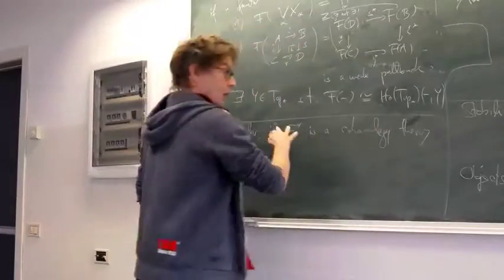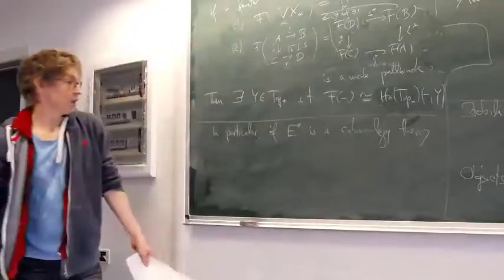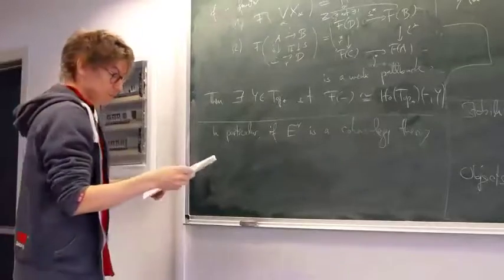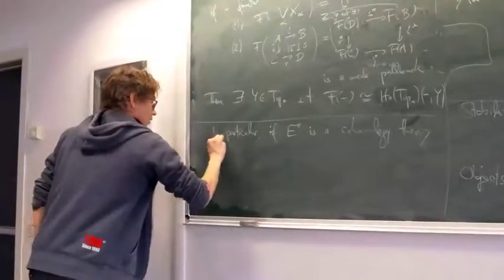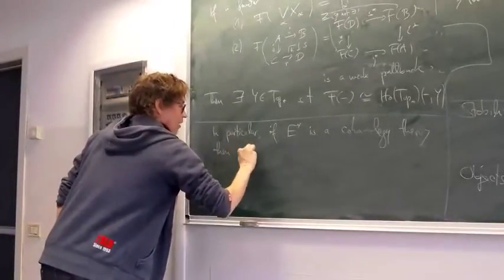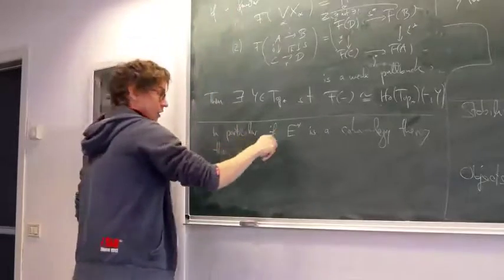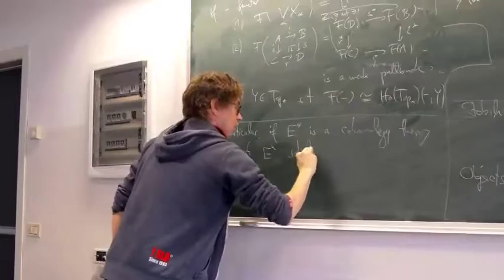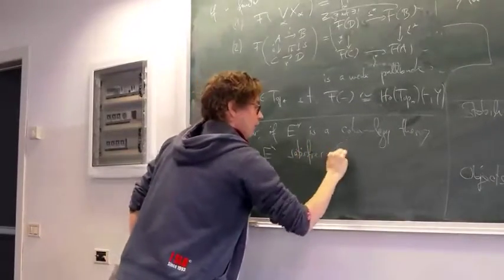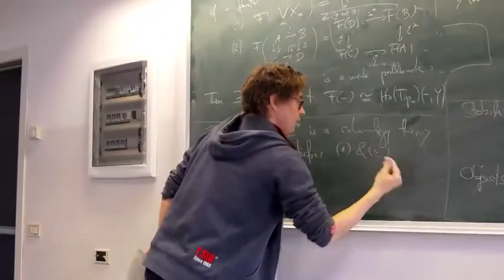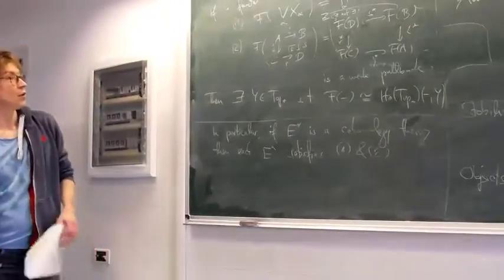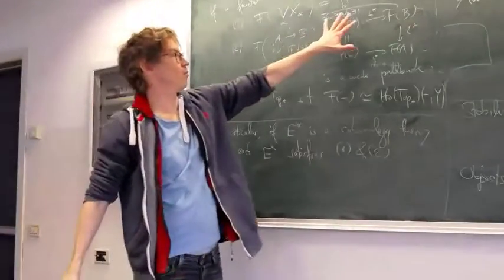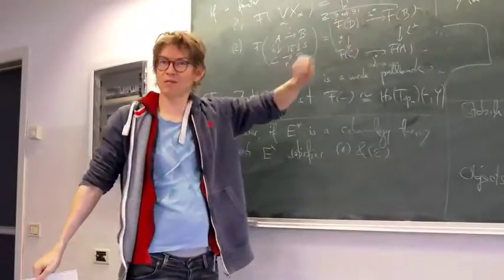And here's the connection to what we just did. We have a cohomology theory, and each of these individual functors E star are many functors, right? They satisfy the conditions. So this here comes, if you want, from the Mayer-Vietoris property or something.